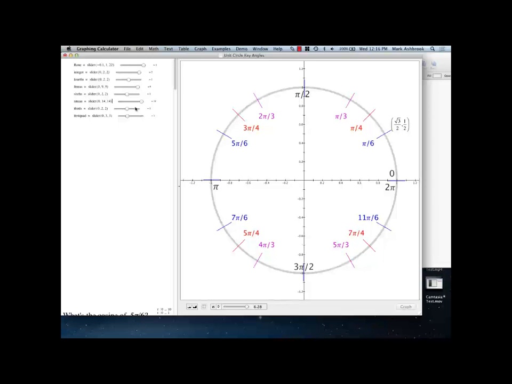The cosine is approximately 0.866. It's this x coordinate, or this horizontal distance to the right of the vertical diameter. In exact form, it's radical 3 over 2. The sine, or the vertical distance above the horizontal diameter, the y coordinate, is exactly 1/2.